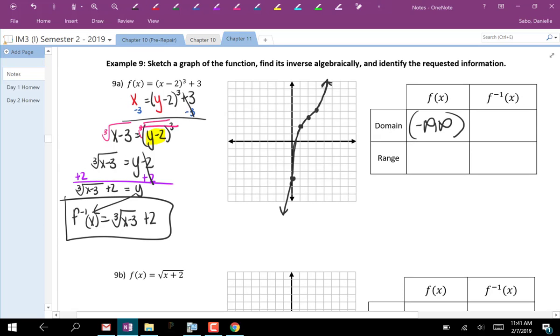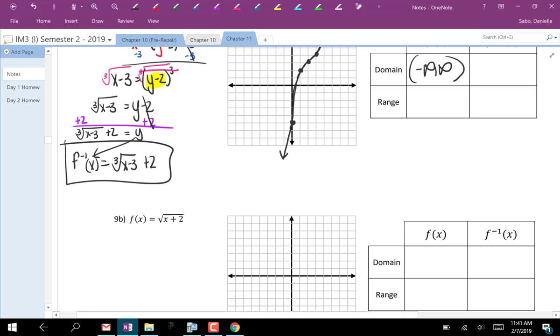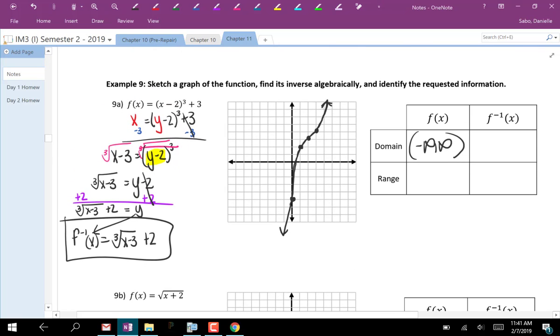Look at this next one. Square root is technically a 2 in there, right? When you take the square root of something, you're getting groups of 2. So that's going to be restricted somehow. But this one is odd, so you know it's going to be all real numbers for both of them, always.